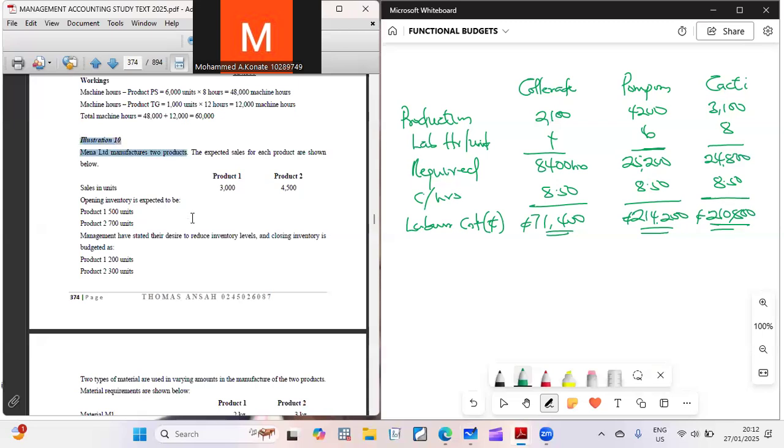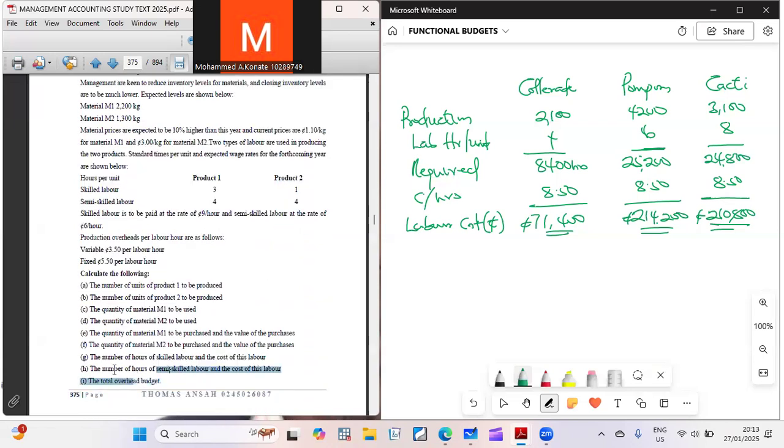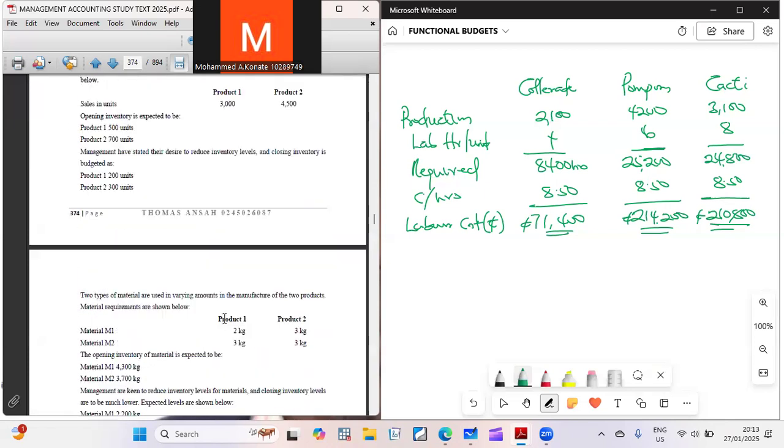I'll send it to your WhatsApp page. Everything we have learned, you calculate all of them, then you know that you are getting better. Then when we meet again, we are going to focus on how to do the master budget.